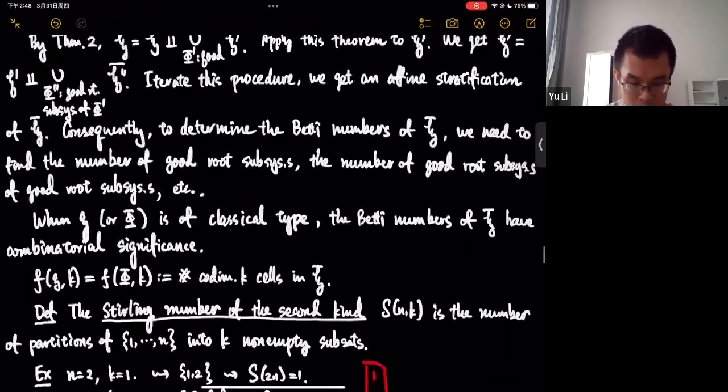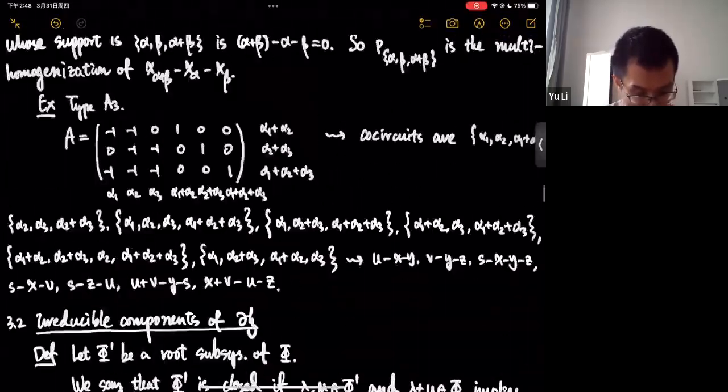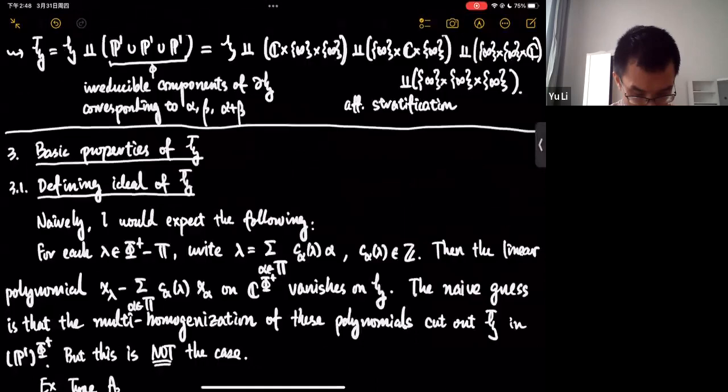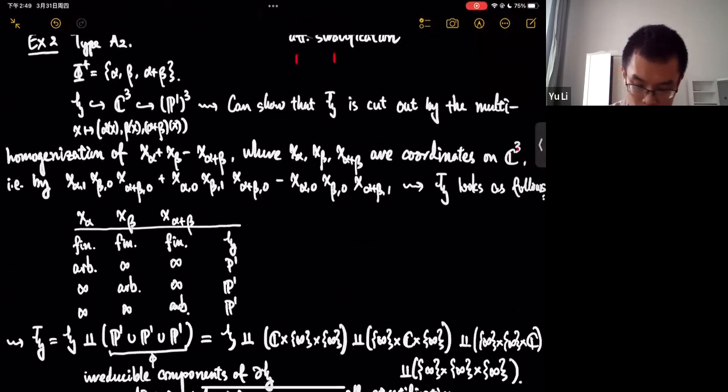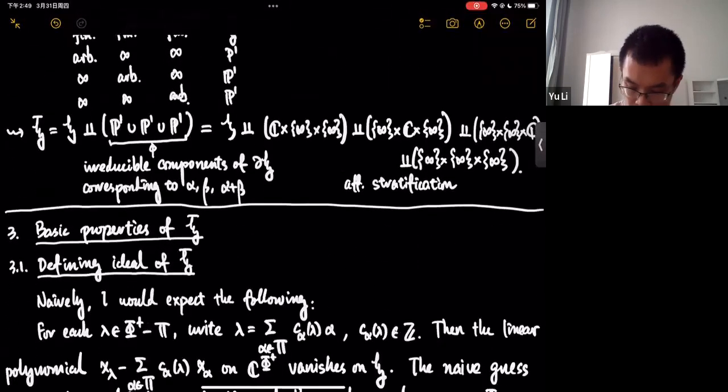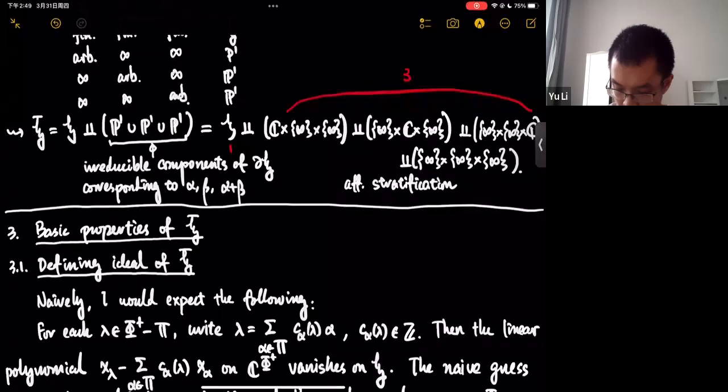Okay, but then let's go back to our examples. Where are they? Yes, here. Okay, so in type A1, the number of cells in each dimension are 1 and 1. Okay, in type A2, the number of cells in each dimension are, you see here, there's one 2-dimensional cell, which is H. And then in this part, there are 3 1-dimensional cells.